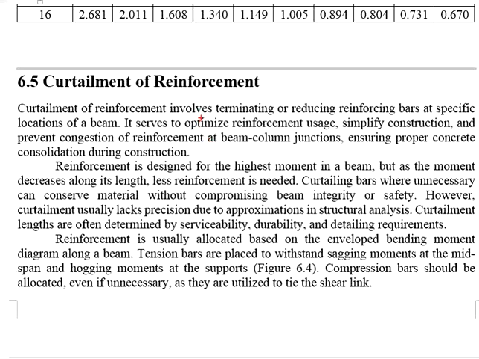It involves terminating or reducing the reinforcement bar in specific locations of a structural element when that specific amount of reinforcing bar is not necessary. The purpose here is to optimize the reinforcement use, leading to saving of the material used, without compromising the structural performance of the member.